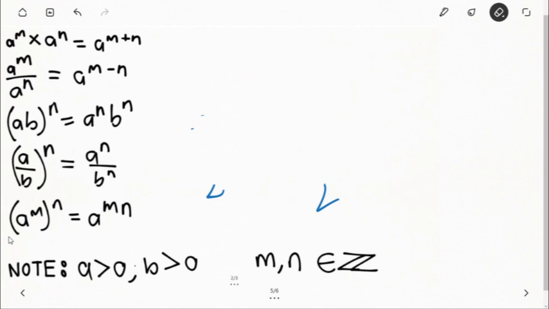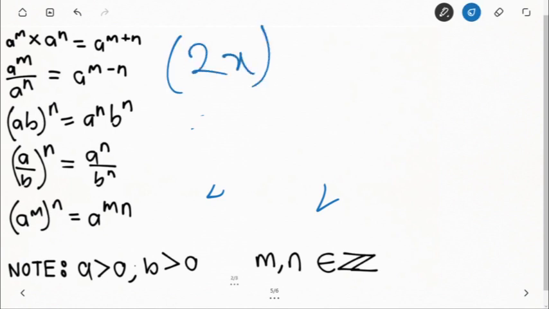Yeah, so if you have, for example, 2x, and then this expression is raised to the power of 2. Now, in order for you to simplify this using this rule, this can be written as 2 to the power of 2 times x to the power of 2.